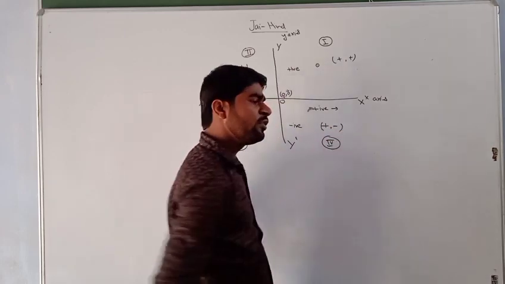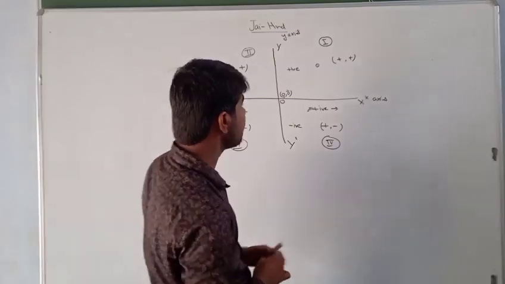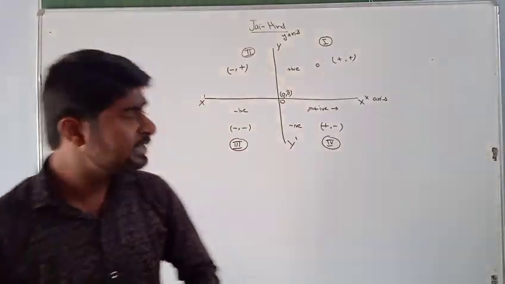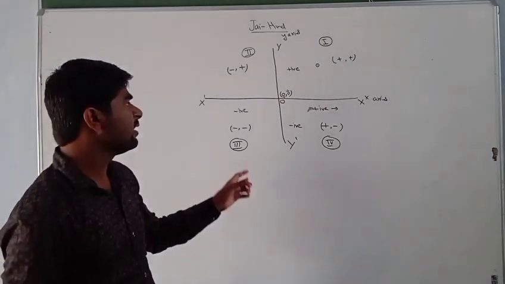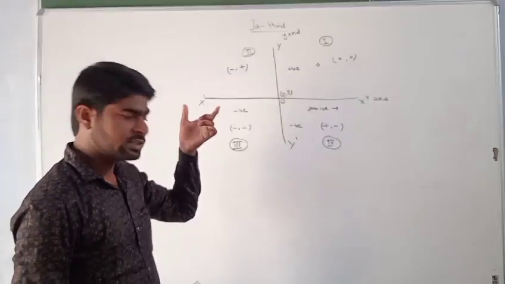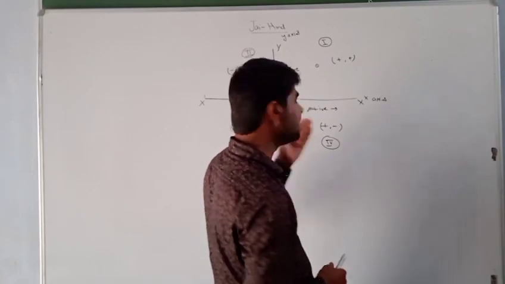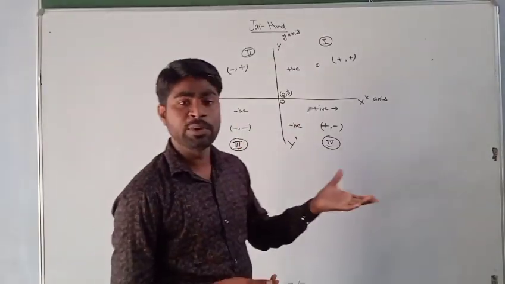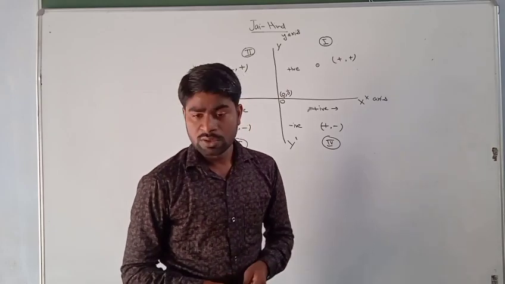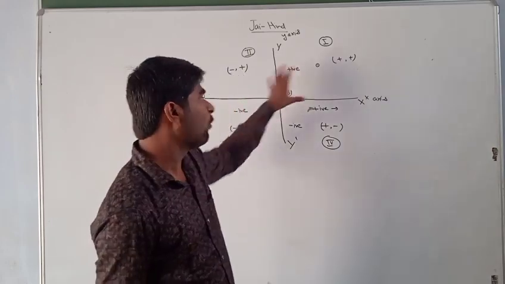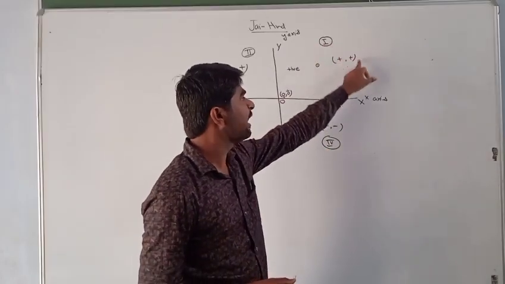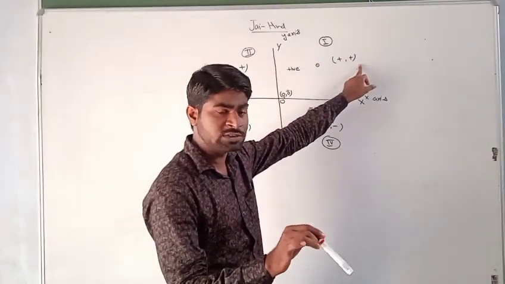What is the need of this? The need is that when a point is given to us, by checking its signs we can easily tell in which quadrant the point will lie. There are four quadrants: first, second, third, and fourth. If the values of x and y are positive, it will lie in the first quadrant. If x is negative and y is positive, it will lie in the second quadrant.